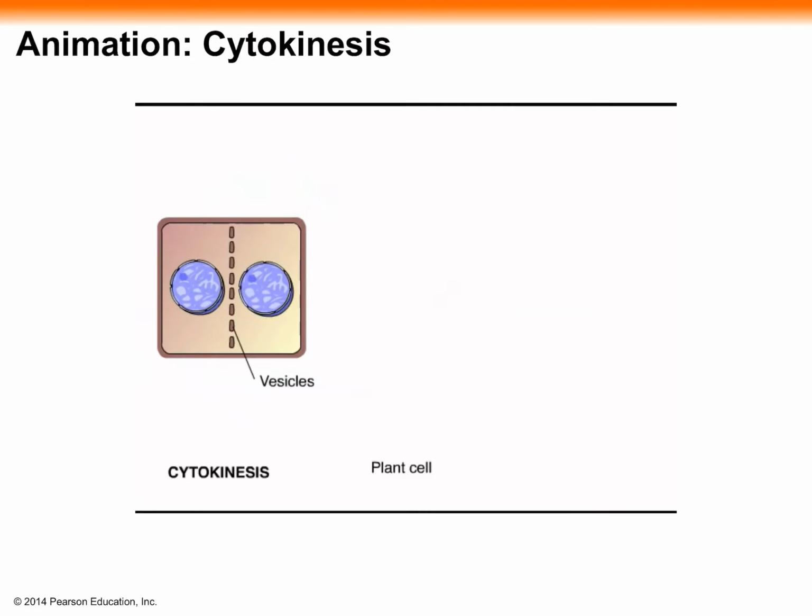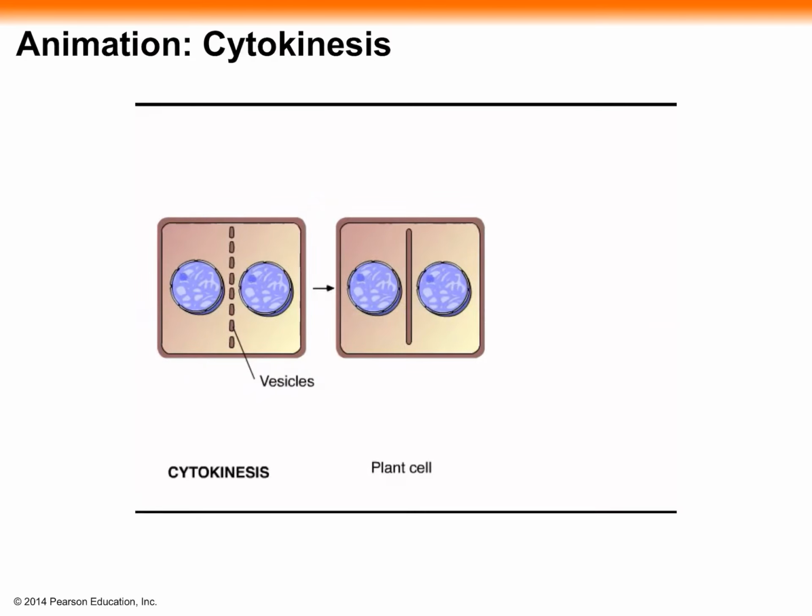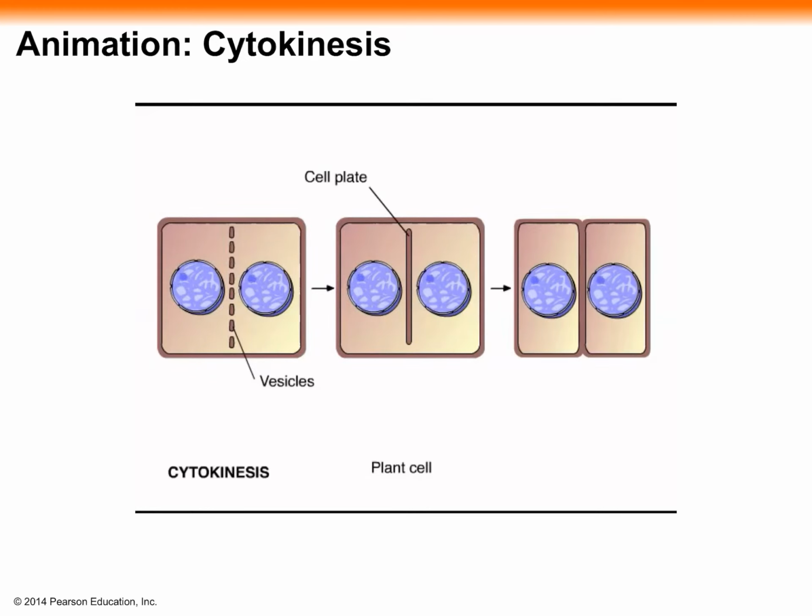The vesicles fuse, forming a large sac called the cell plate. The cell plate grows outward until its membrane fuses with the plasma membrane, separating the two daughter cells. The cell plate's contents join the parental cell wall. The result is two daughter cells, each bounded by its own continuous plasma membrane and cell wall.